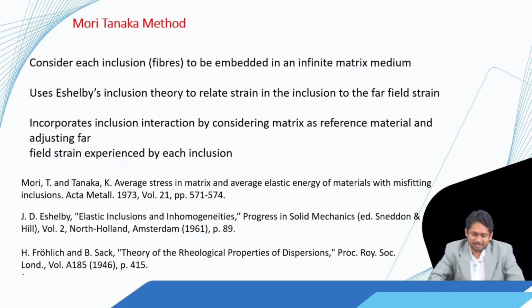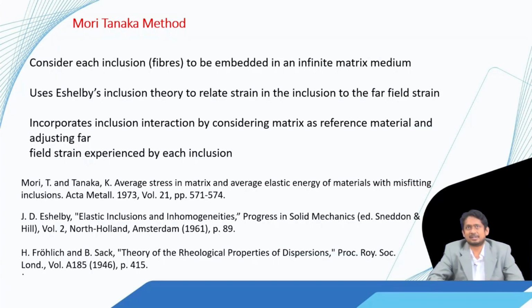Now, there is another very famous approach called the Mori-Tanaka model, and this assumes that the fiber is embedded in an infinite matrix medium. Here also the fiber is embedded, but instead of being embedded in that unknown homogenized medium, it is embedded in the matrix medium.